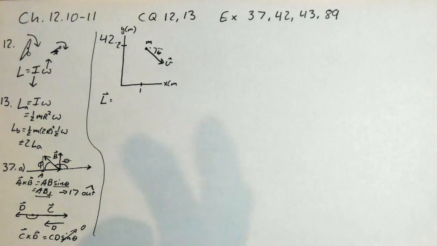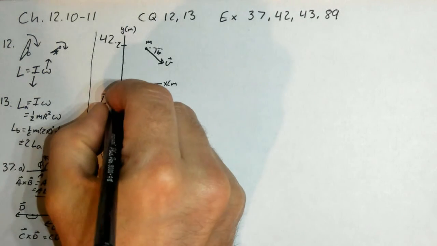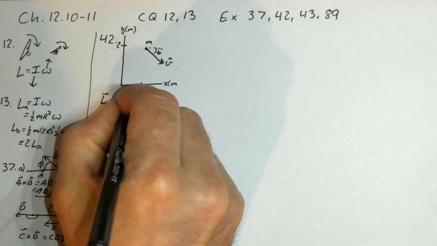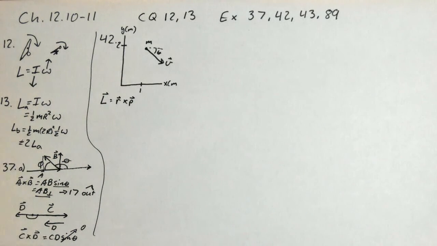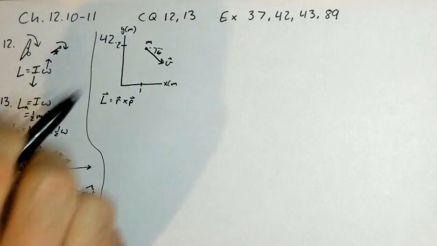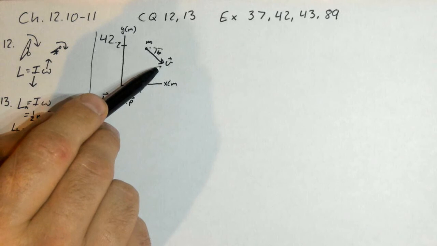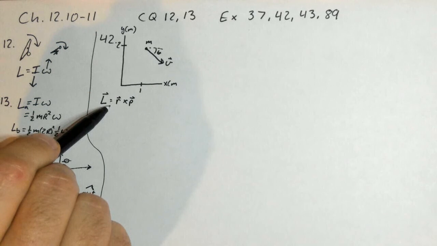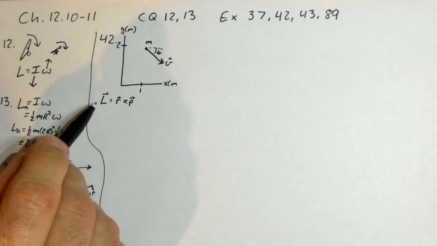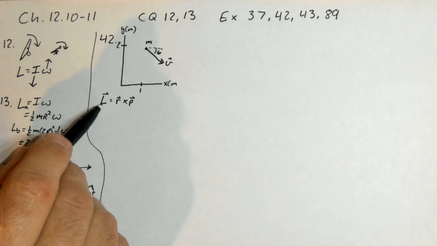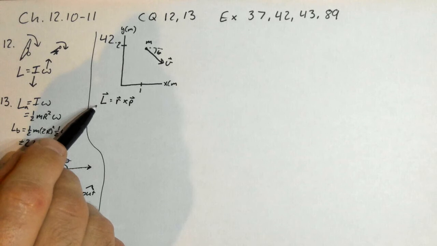All right, since it's a particle, I'm going to use this definition of R cross P to find that. Now P, I can see P, it's mass times velocity, and its vector points the same direction as the velocity. Well, what is R? What's the definition of R? You'll note in the problem that this says the angular momentum about the origin, or with respect to the origin.